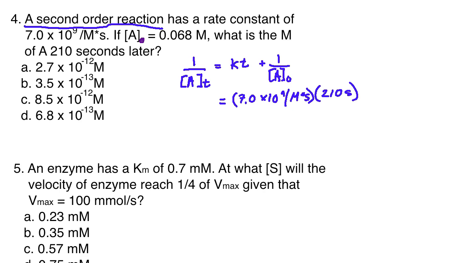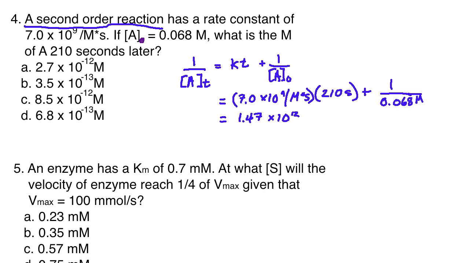And then this is going to be plus 1 over the concentration of A naught, and A naught is 0.068 molarity. So this is what I need to solve for algebraically. If you plug that into your calculator, you should find that it equals 1.47 times 10 to the 12th.